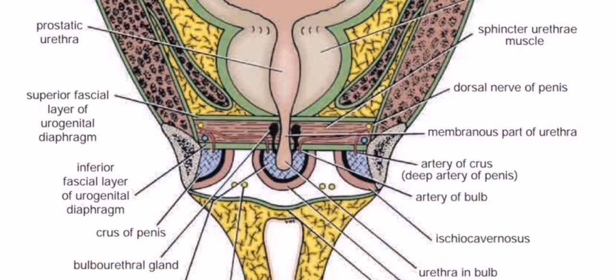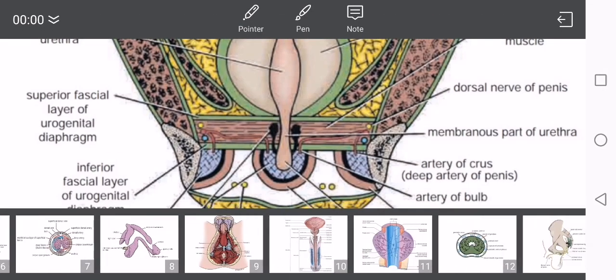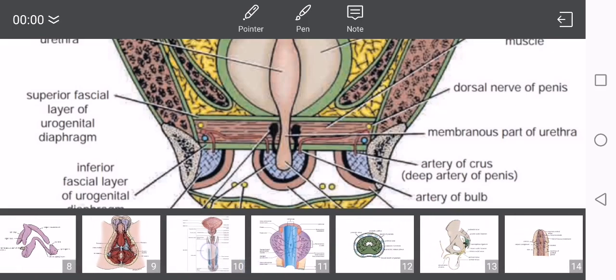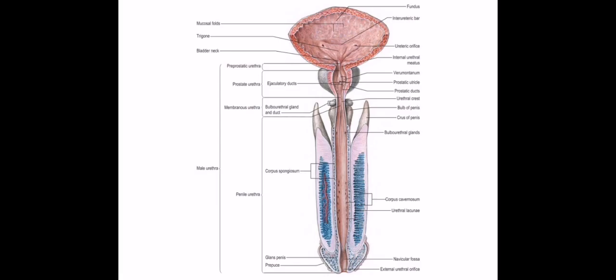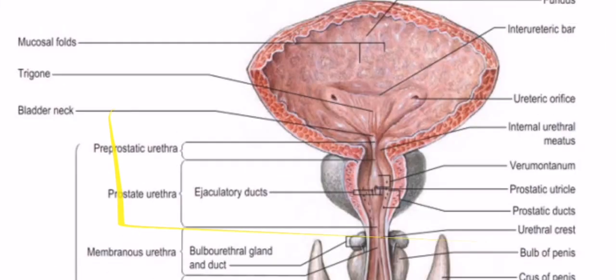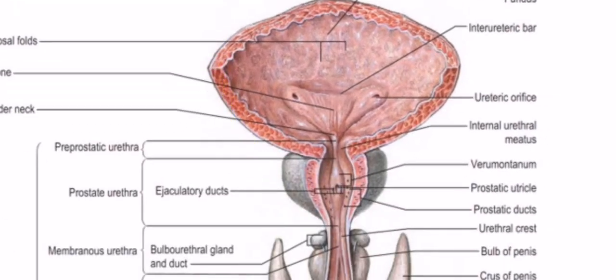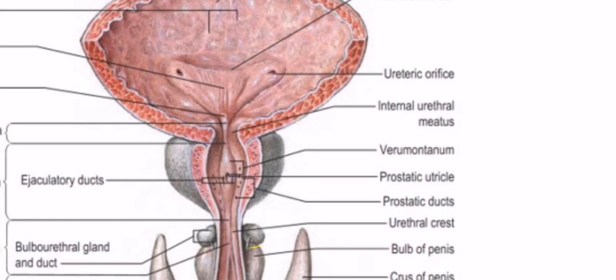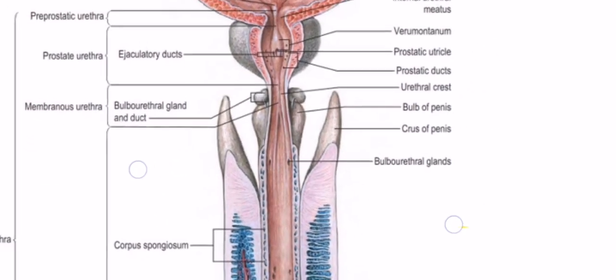The other part of the urethra is the anterior urethra. هسه حسب هذا الرسم مالتنا, this is the posterior urethra till the perineal membrane اللي هو هذا مكانه الحد الفاصل بين الانتيريور والposterior urethra.